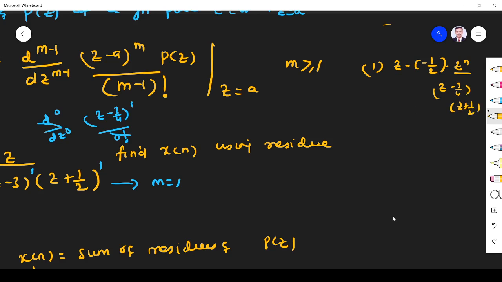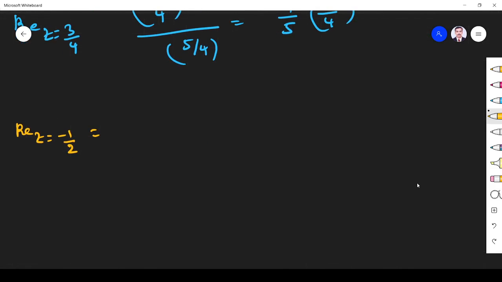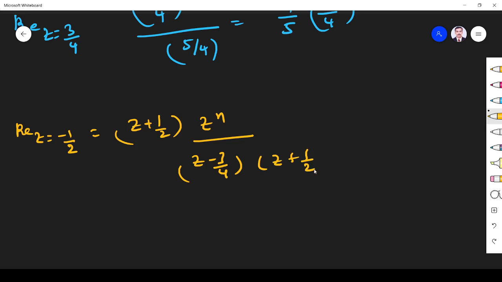Same thing I write here, so I write (z plus 1 by 2) whole power 1 into z power n divided by (z minus 3 by 4) into (z plus 1 by 2). So this will be cancelled. I substitute here z is equal to minus 1 by 2.